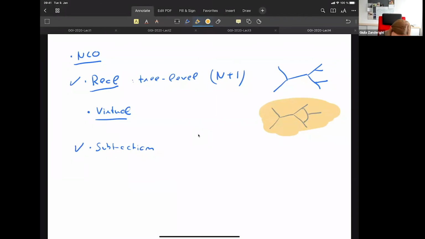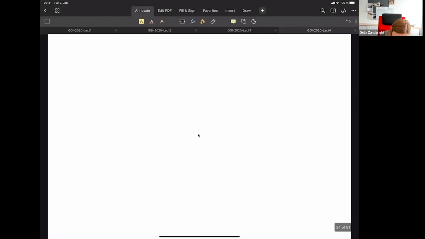And then about 20 years ago a number of things happened that really changed the picture completely. One approach was due to Britto-Cachazo-Feng, BCF, in about 2004.